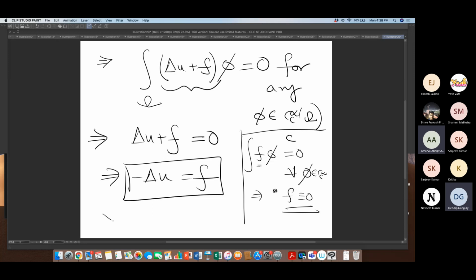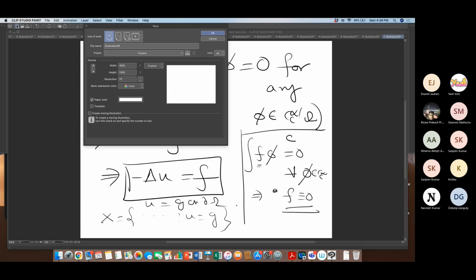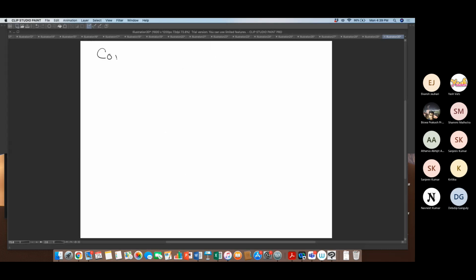I have defined the space X as all C2 functions such that u equal to g on the boundary. So one way is done. Now the next way, conversely. Suppose u solves star.